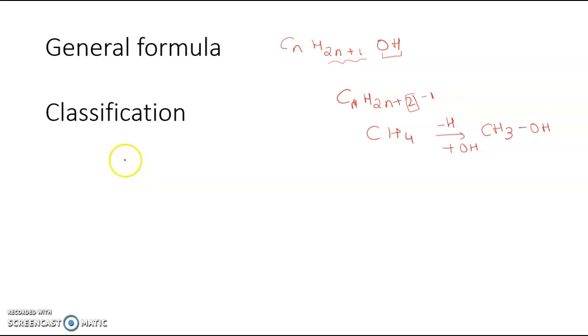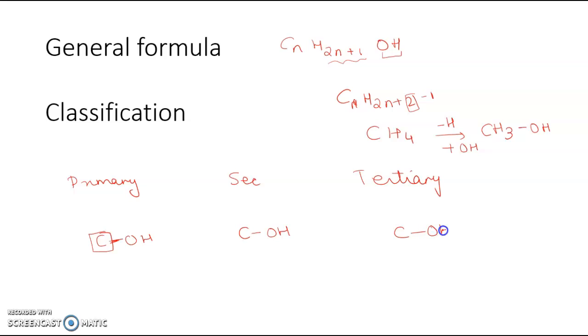You can classify alcohols into primary, secondary, or tertiary alcohol, depending on how many carbon atoms are attached to the carbon that's attached to the OH. So that's important to understand, that we're only focusing on the carbon that is attached to the OH functional group.